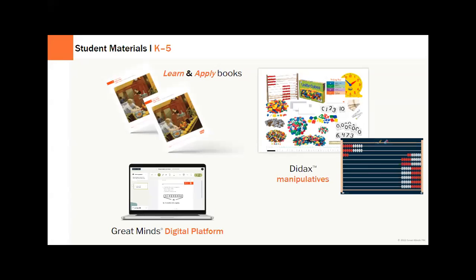We also have this wonderful digital platform, which our teachers have received some training on and will continue to receive additional training on the resources that they have available. And there's also a great family component for you to continue having the support and support their mathematical thinking at home.